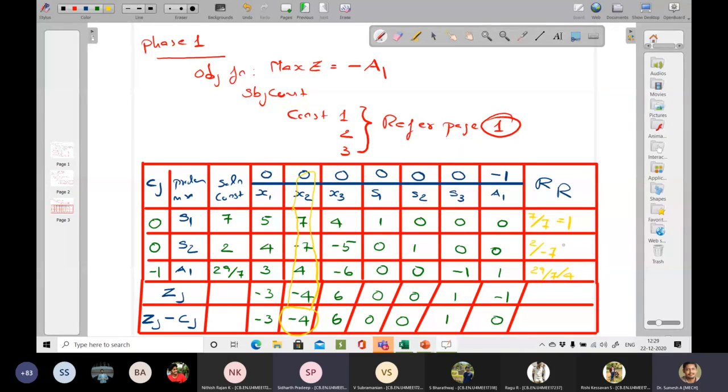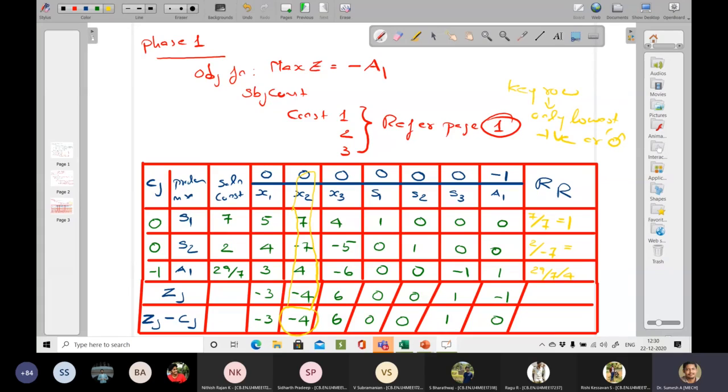Key row is only the lowest positive or 0. No negative values.